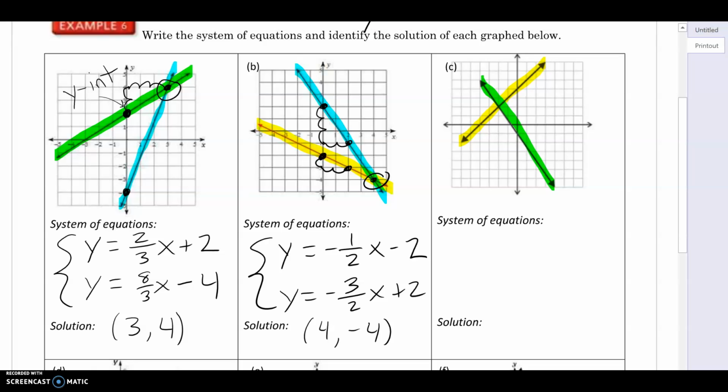Alright, so in this problem, if I look at the yellow line, the y-intercept is up here, and then it looks like the slope is up 1 over 1 for each point.